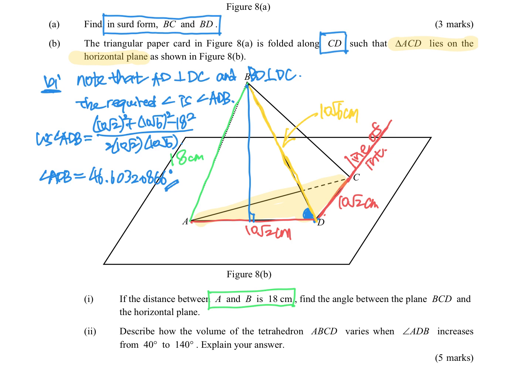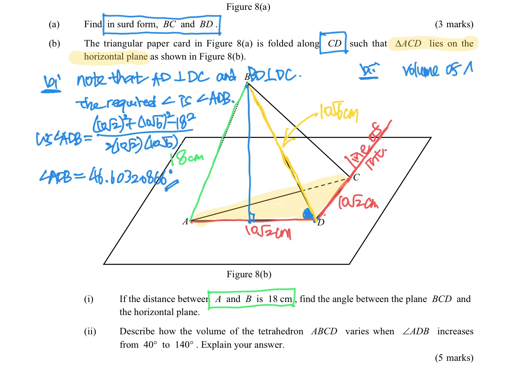Suppose we have the projection of B on the horizontal plane and also on the line segment AD. So this blue line will be the height.